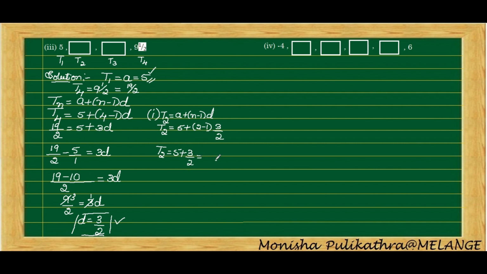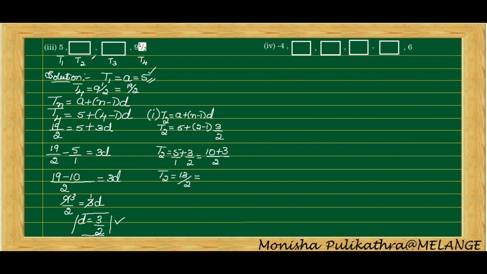Next, by taking LCM, here 2 will be the LCM. So if the denominator and LCM are the same, the numerator will remain as it is. Next, 1 2s are 2, 2 5s are 10. So the answer is 13 by 2. Okay, either we can write it in this fraction form or we can write it in a mixed fraction form.